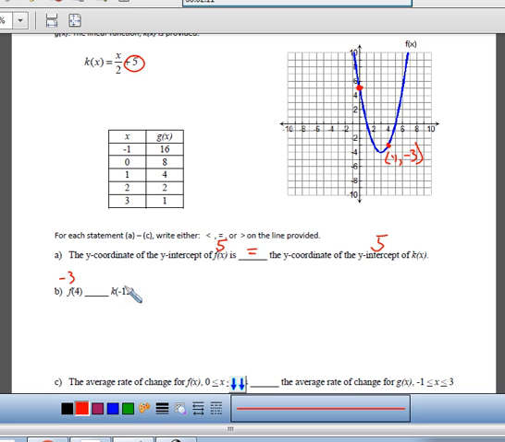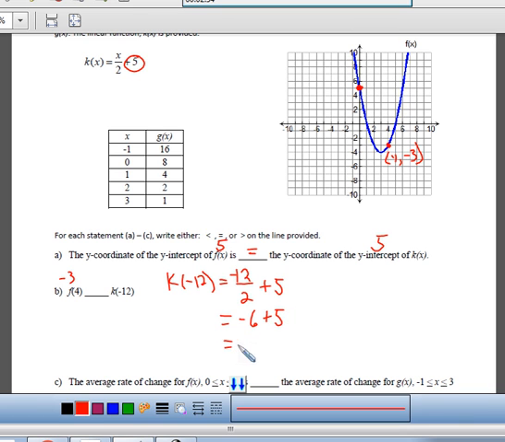For k of x, we are actually going to need to substitute this value in. So we've got k of negative 12, and I'm going to substitute that in for x, negative 12 over 2 plus 5. That's all I'm doing is using the rule. Negative 12 divided by 2 is negative 6 plus 5.